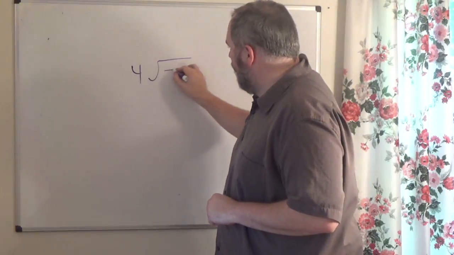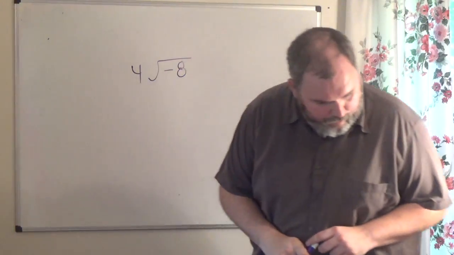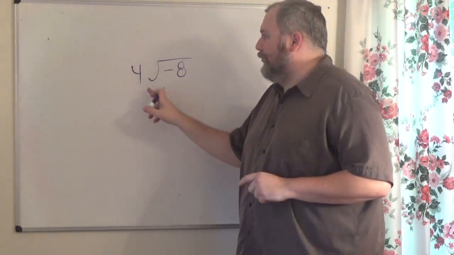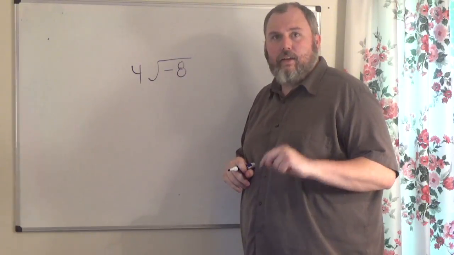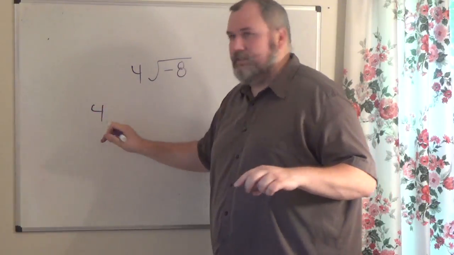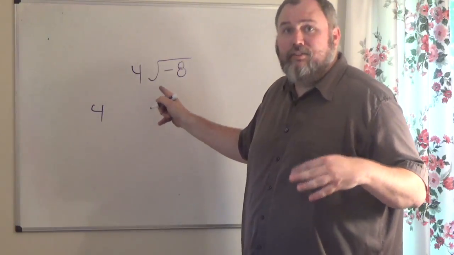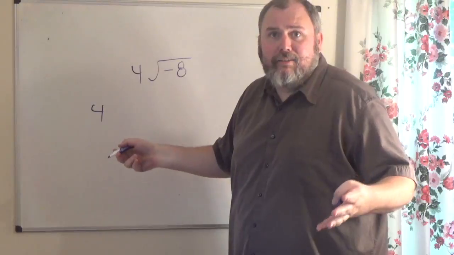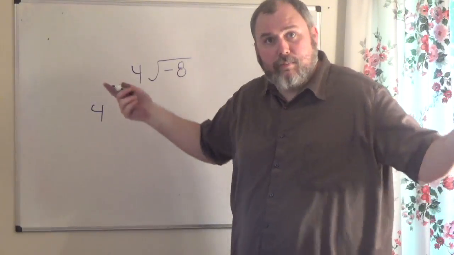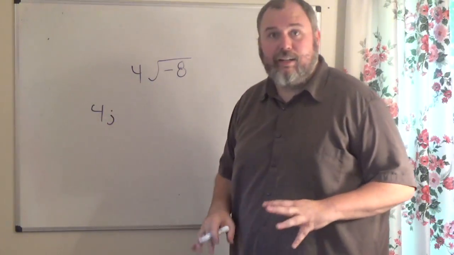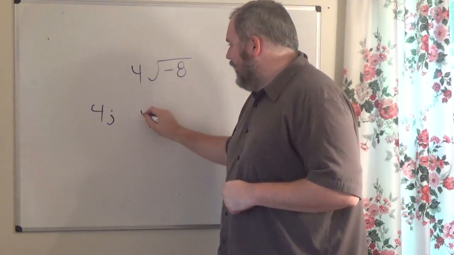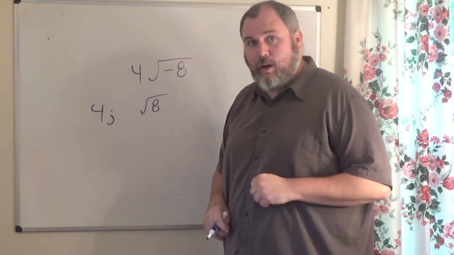I think I'm going to stop at this one because I'm going to let you do the next one on your own. So, 4 times the square root of negative 8. We have a 4 on the outside, I'm going to keep it there. We know that there's a negative 1 here, so I'm just going to go ahead and factor it out, because we know the square root of negative 1 to be j. So I'm just going to write that there to get it out of my way. What's left is the square root of 8.